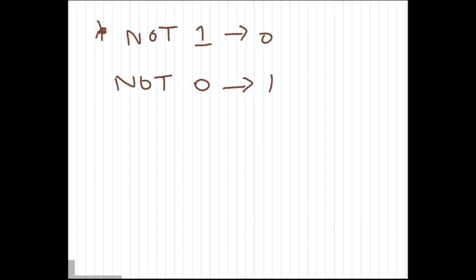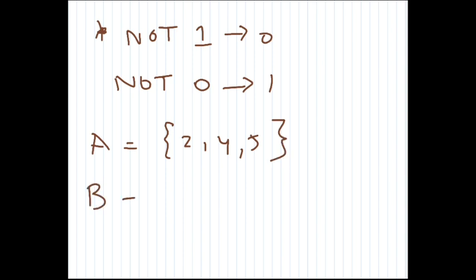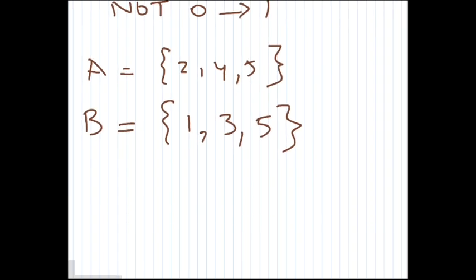Now let's say we take A is equal to again 2 4 5, and B is equal to maybe 1 3 5. Now what we want to take is A intersection B. In terms of set notation, we know that intersection means all the common elements, so it is straightforward to see that the answer is just 5.